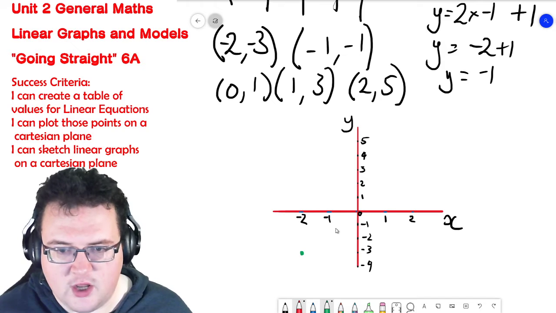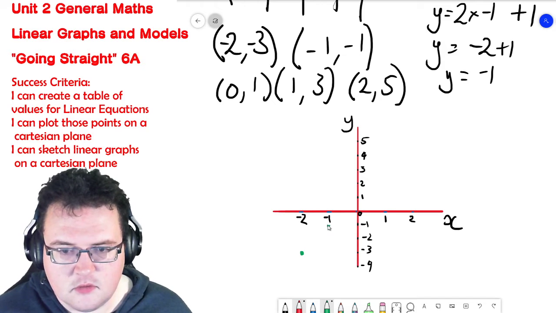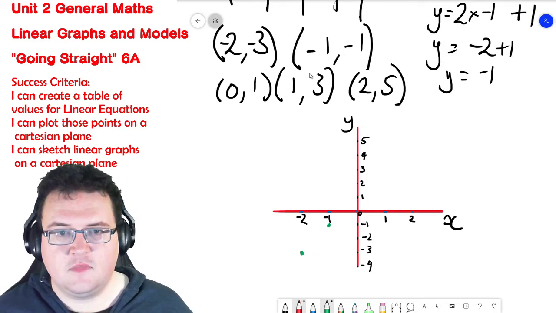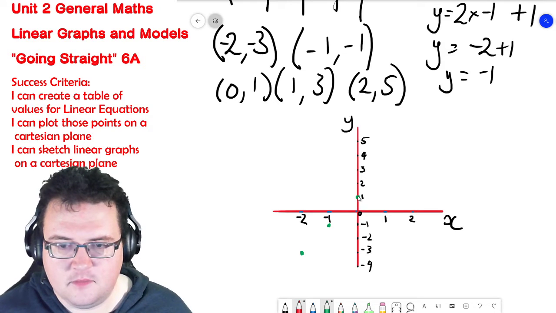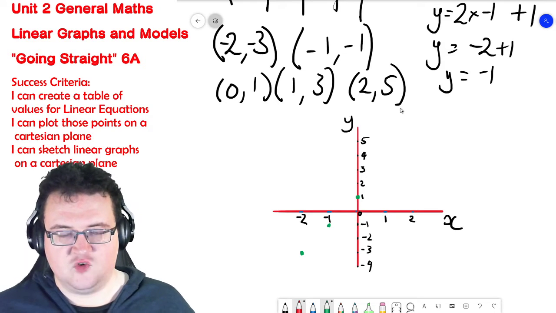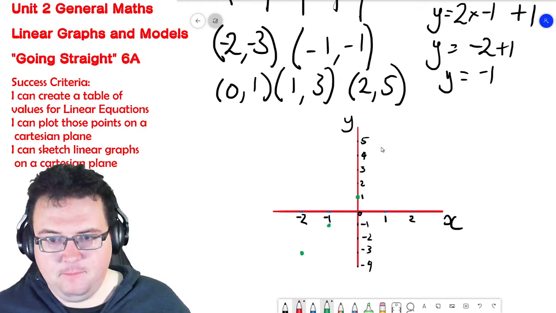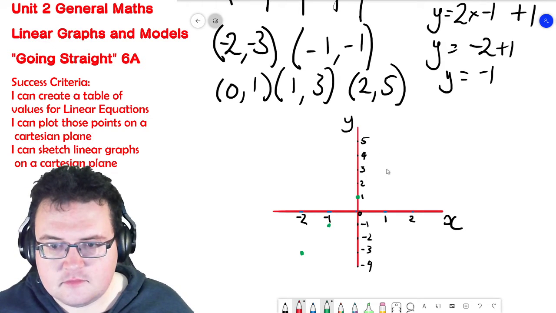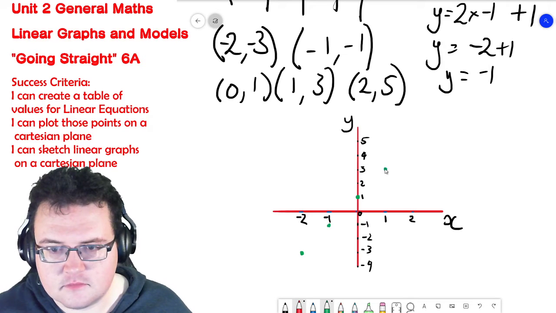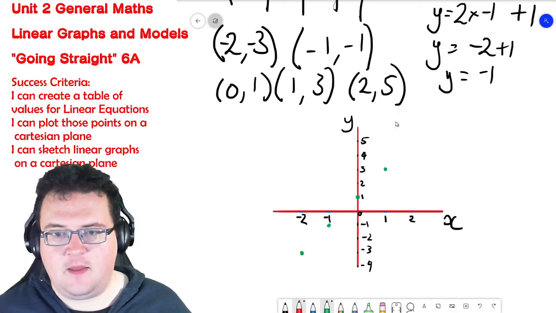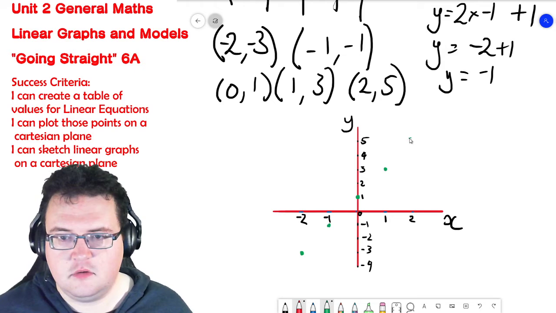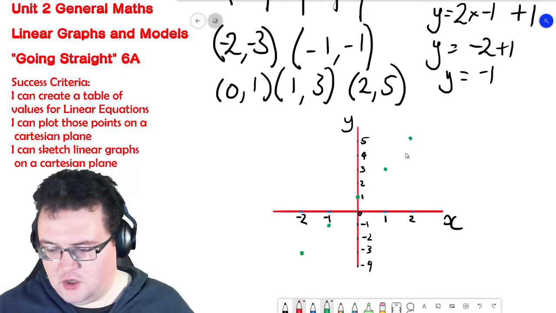I then have -1, -1, and then 0, 1. Remember, it's always x coordinate first, y coordinate second. And then 2, 5 at the top.